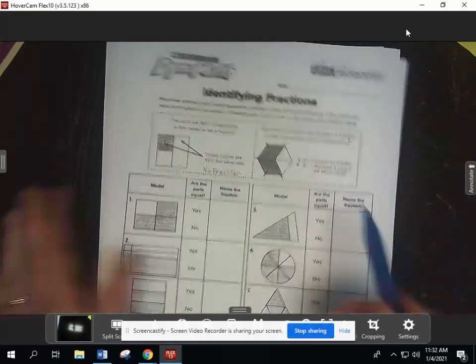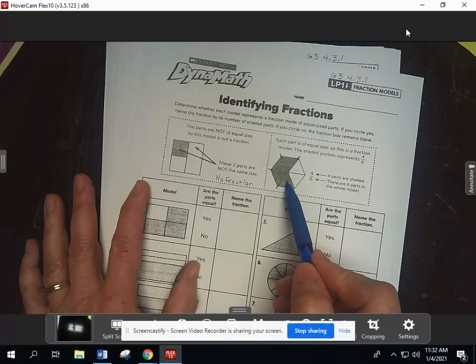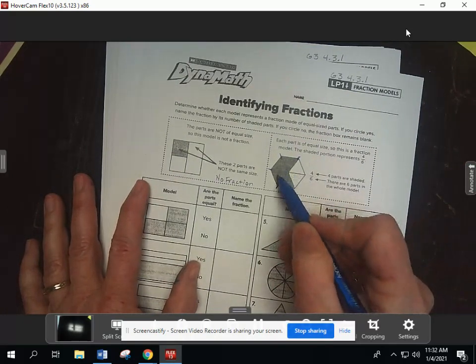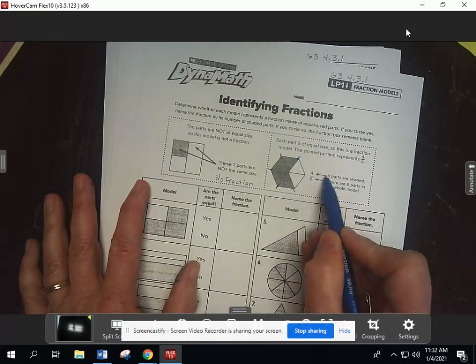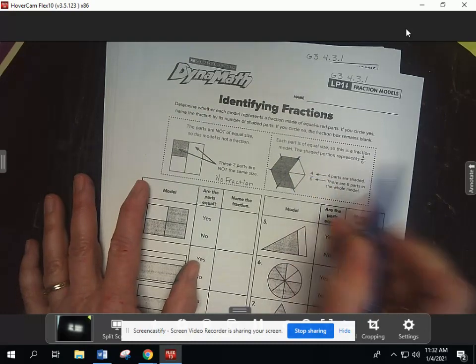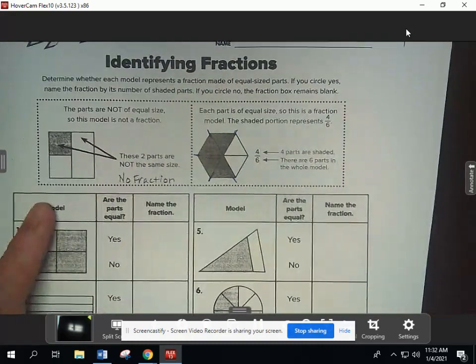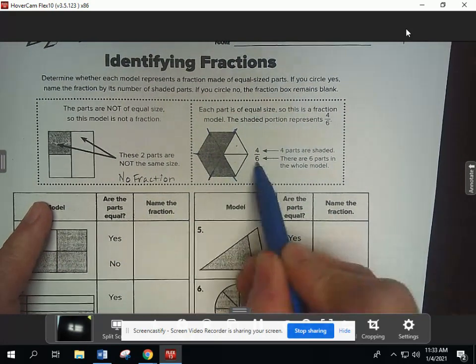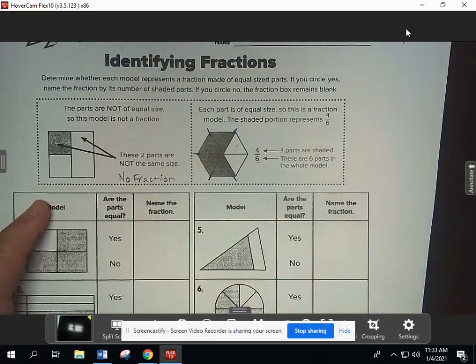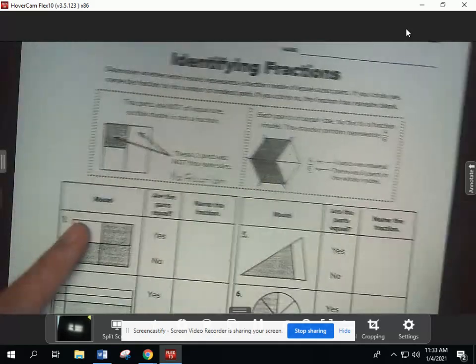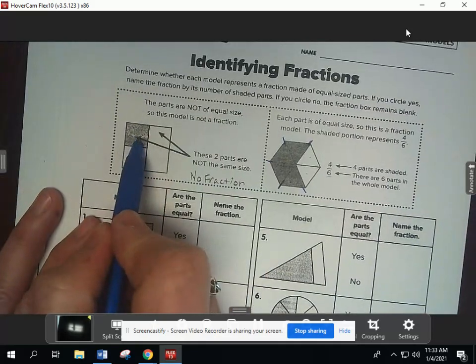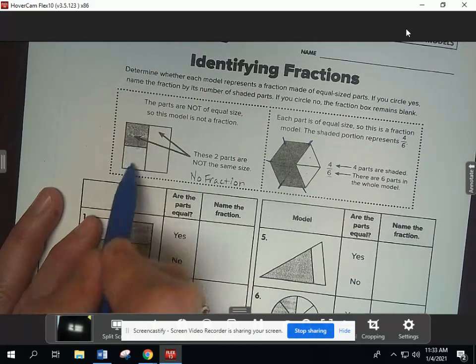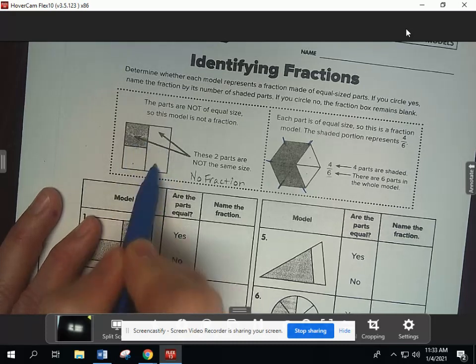So you can see that these are all equal parts, correct? And 1, 2, 3, 4 of the parts are shaded. See how it says 4? And if I counted all of them, it's 1, 2, 3, 4, 5, 6. There's our denominator. When I look at this part that is shaded, this part equals that part, but are these the same parts?